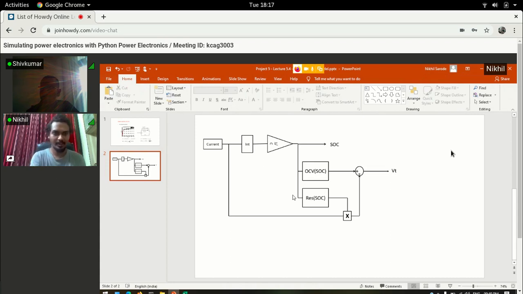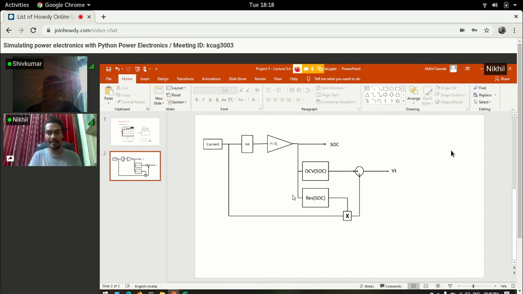My understanding is, whatever the current is, we integrate that current in each sample, in each loop, and add the charge to the existing amount of charge.